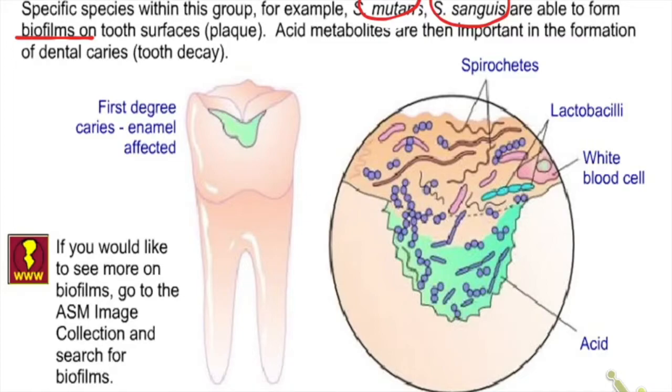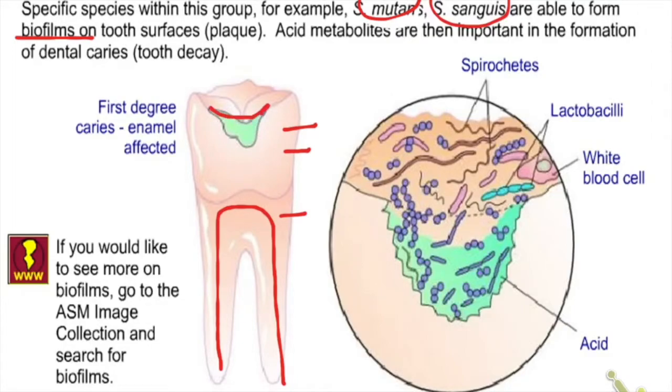Let's say this is a tooth. And here, you can find the nerves. Okay, this is the enamel, then after that the dentine, and this would be the pulp. So, if you have plaque on the surface, you have bacteria here, and they will ferment carbohydrates because of the food debris.